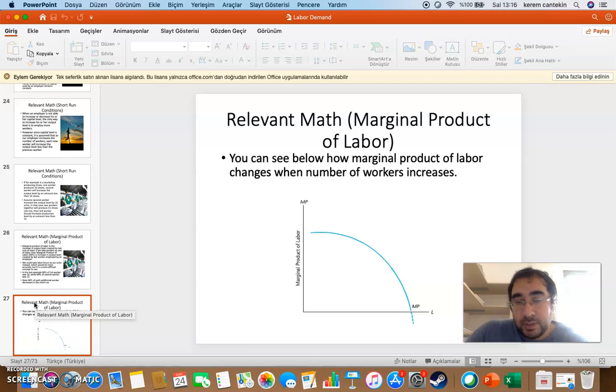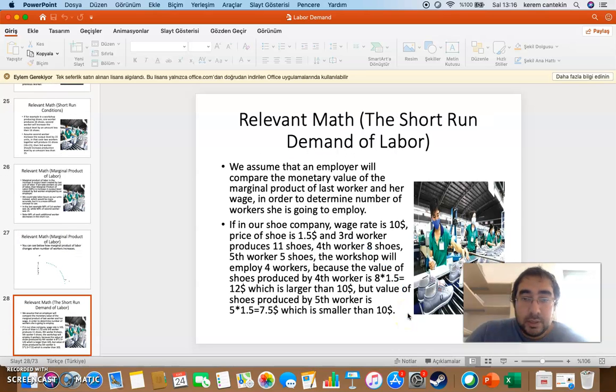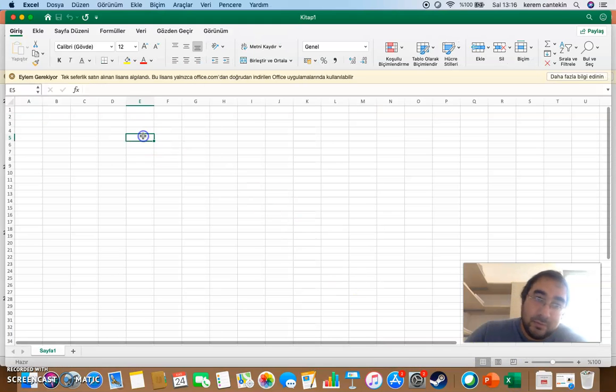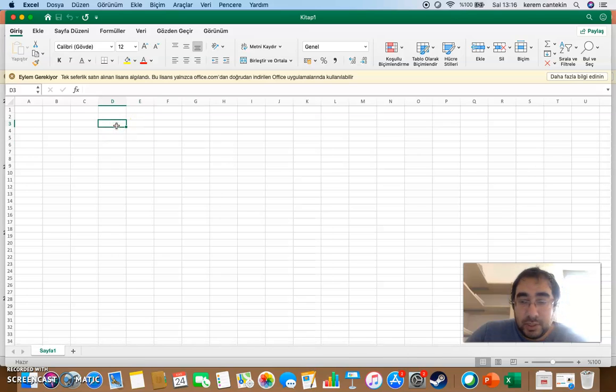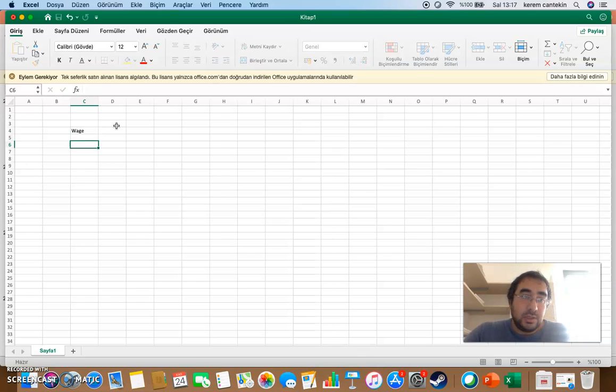So marginal product of labor looks like this, an ever decreasing number. So how do we compare the value, in this case the revenue each worker brings, to the cost of the worker? First we have wage, which is constant, and then we have marginal product of labor per worker and number of workers.